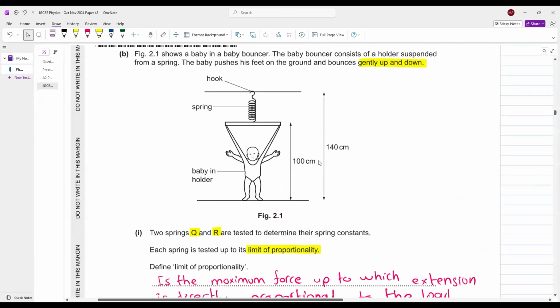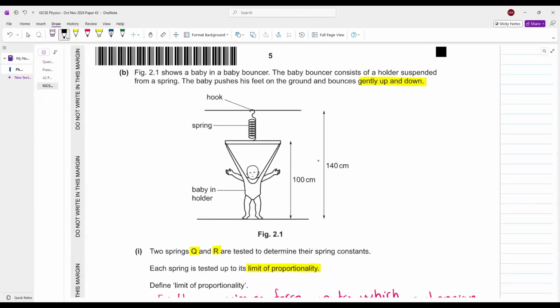If you come to the top side, can you realize the baby has a total length of 100 centimeter? The baby is already 100 centimeter.